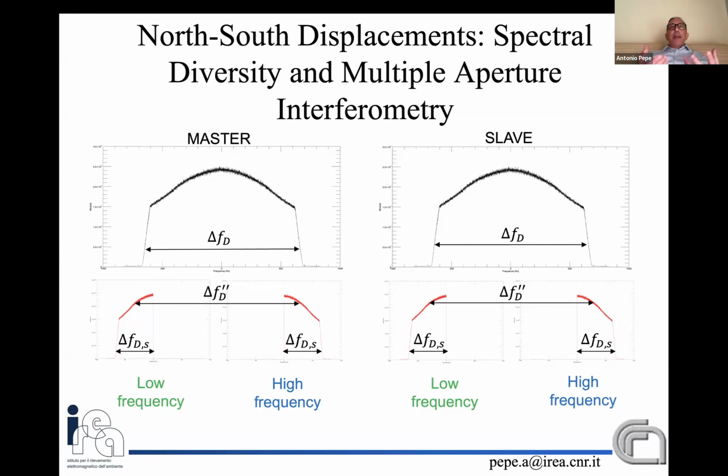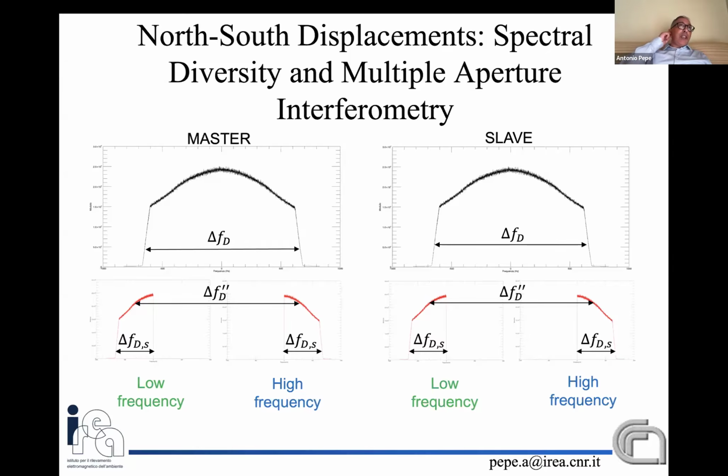So it contains information about the north-south displacement. So we can use multiple aperture interferometry to have information concerning the azimuth displacement, so information concerning the north-south displacement.